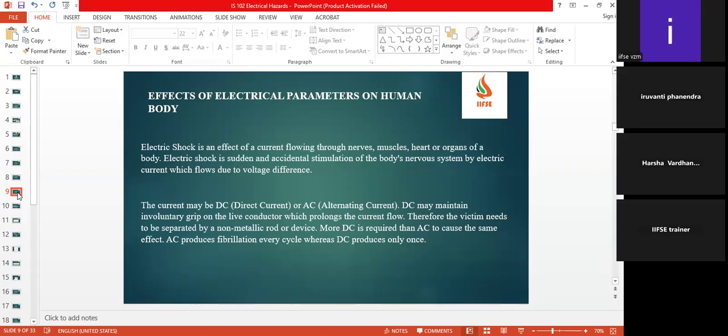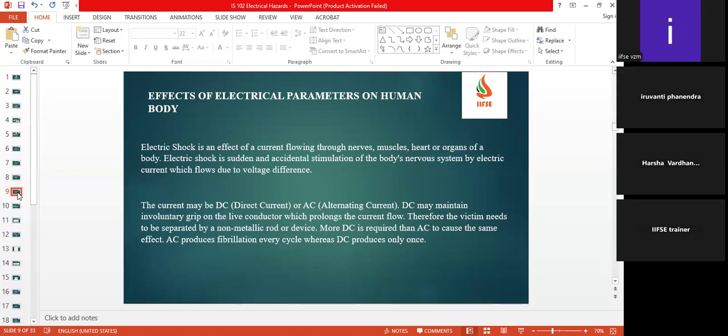But AC is an alternate current. There will be this kind of impulse. The return current will pass through the neutral. The phase will carry the current, and the same current will come back from the neutral cable.